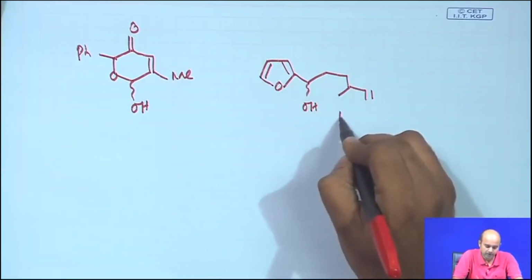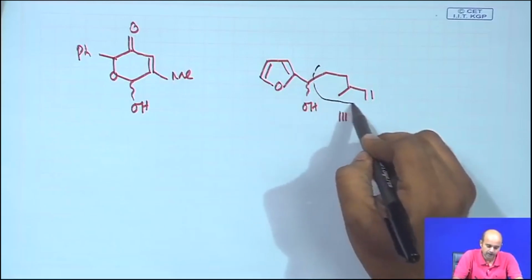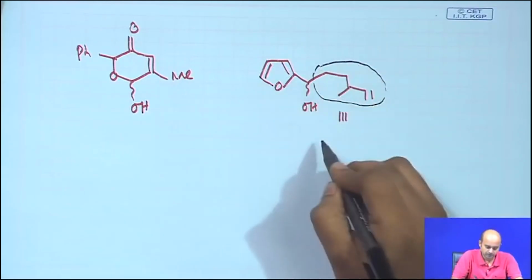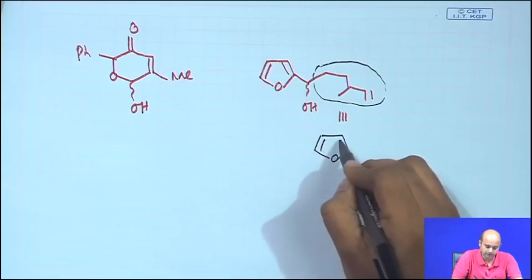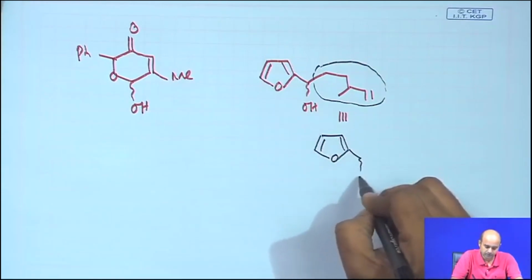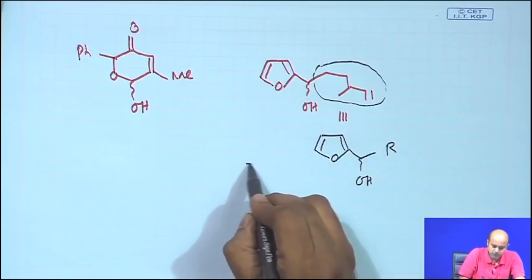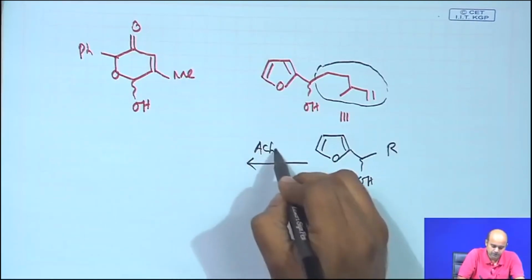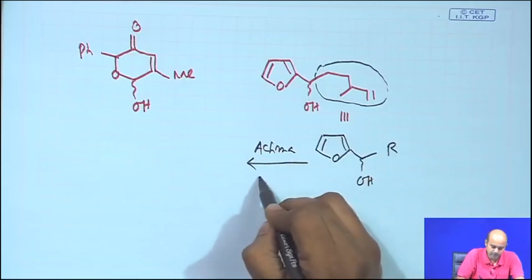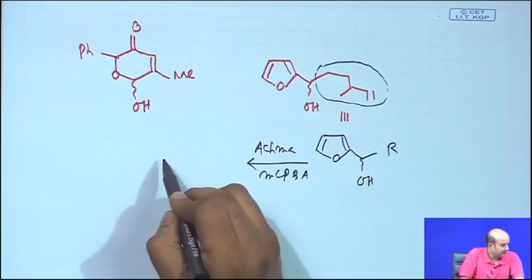We will try to simplify it by putting the entire group as an R. So, we will now write these things as OH R. Now, subject this starting material to the Achmatowicz reaction by MCPBA, okay.